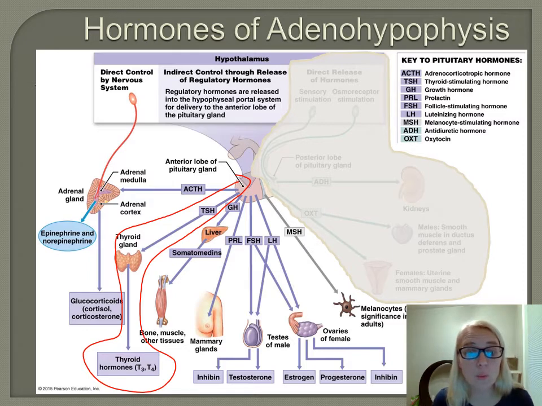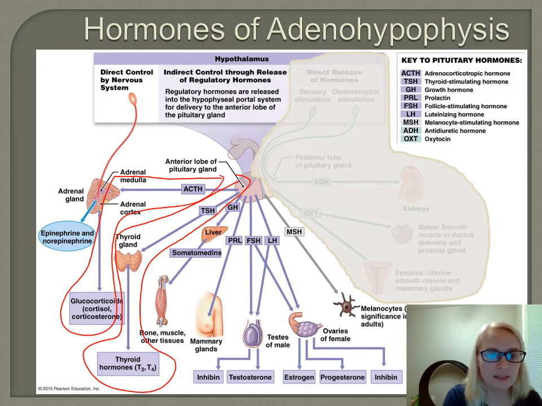Okay, so this is a tropic hormone, because the thyroid gland is hormonally stimulated by thyroid stimulating hormone, which is kind of nice because the name gives you a clue. So this is a tropic relationship, a hormone triggering the release of another hormone. Okay. So the next one is ACTH.